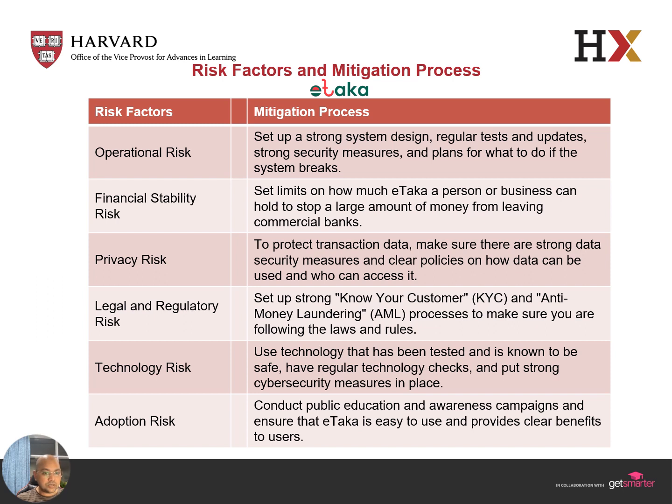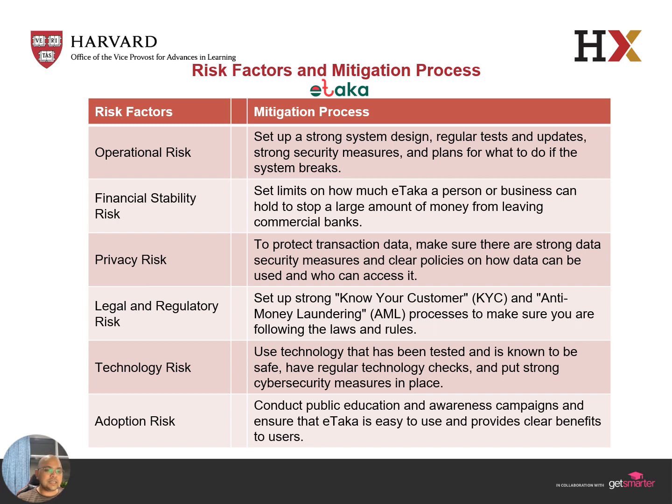So we'll do that. Adoption risk is minimal here because we are integrated in the e-wallet system. But after that we'll keep educating people how to use Ithaca, so it will be easier for them.